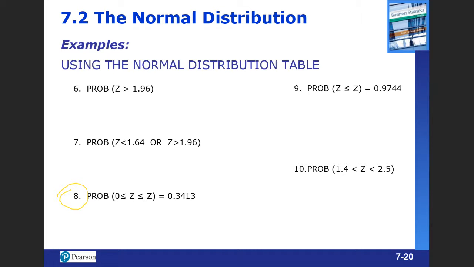So the probability is 0.3413 when z is greater than or equal to 0 and less than or equal to some unknown number. I'm going to rewrite this as a lowercase letter z so that you don't confuse it. Okay, so z is between 0 and some unknown number. The probability of the area is equal to 0.3413.